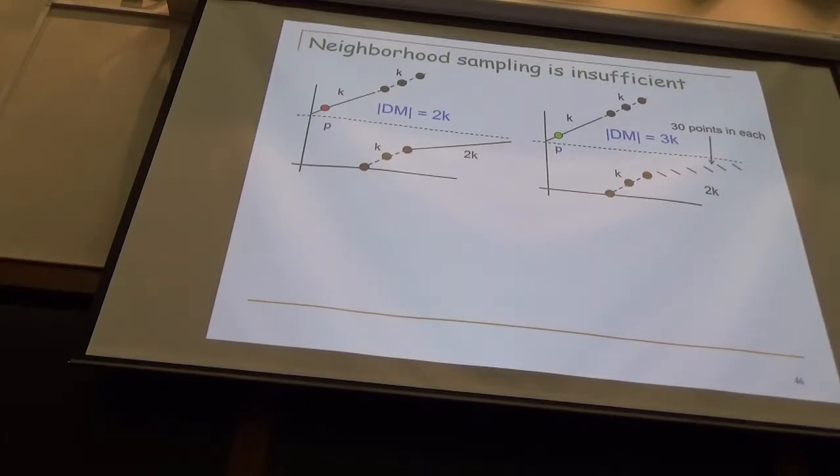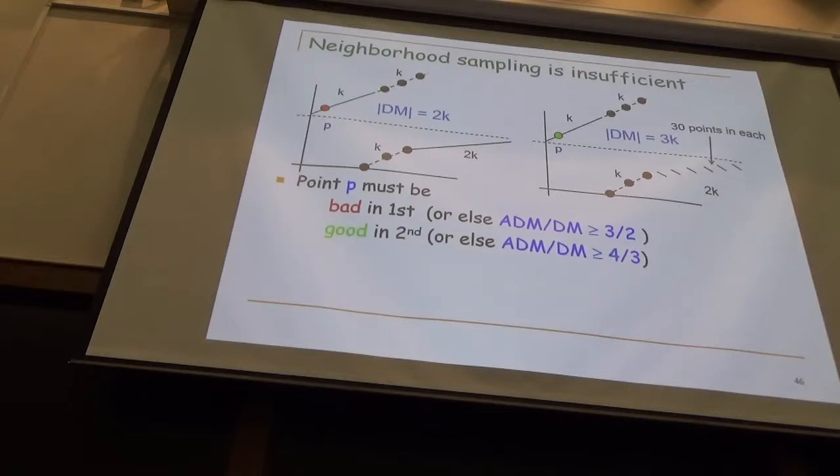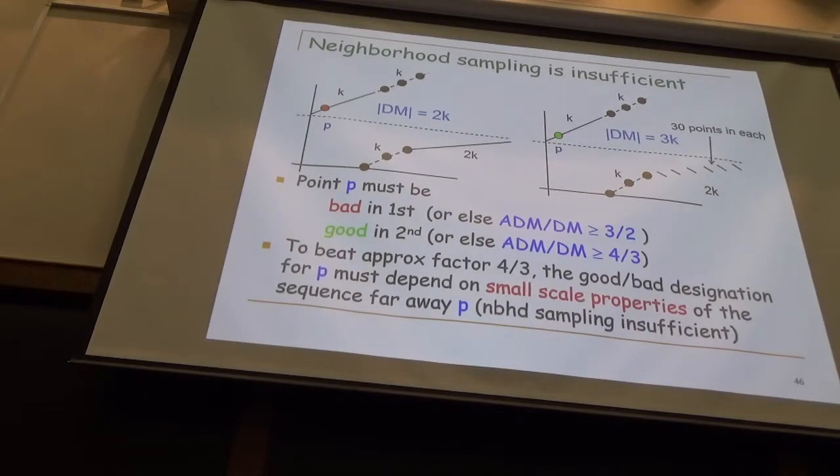If you take a sparse sample of that 2k, you're just going to see an increasing sequence in both cases, on the left and the right. Okay, so it must be bad in the first, it must be bad in the second, or else you're going to screw up good in the second. So to beat this approximation factor, the good-bad designation for P must depend on small-scale properties of the sequence far away from P. And so neighborhood sampling is insufficient.